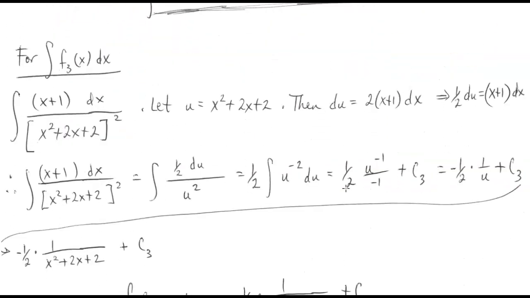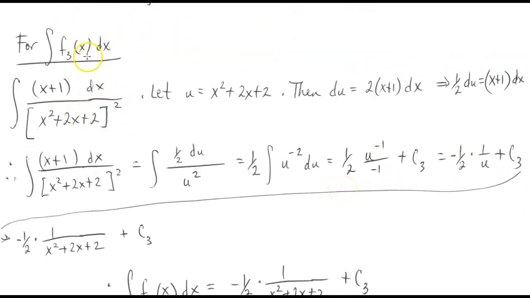So moving forward here, we have f sub 3. Same kind of situation that we had before with the substitution with f sub 1. We just let our quadratic factor here be the substitution. Of course, same kind of thing. If u is x squared plus 2x plus 2, then that means that 1/2 du is going to be x plus 1 times dx.